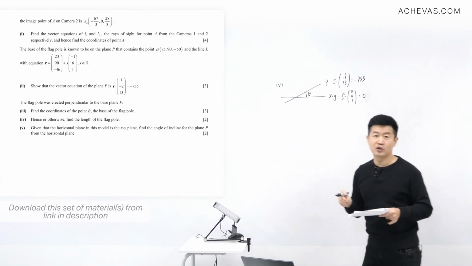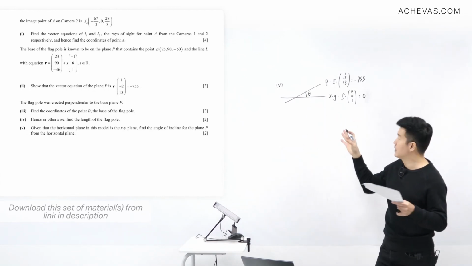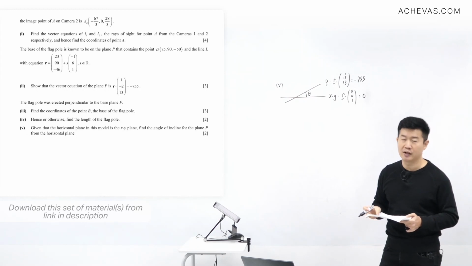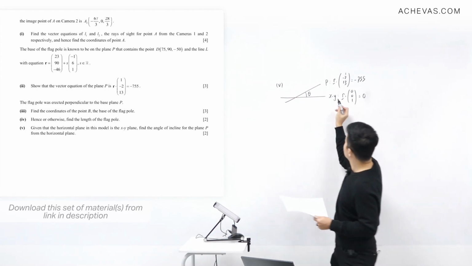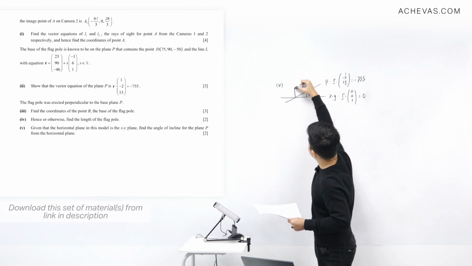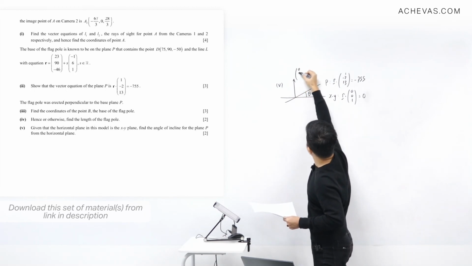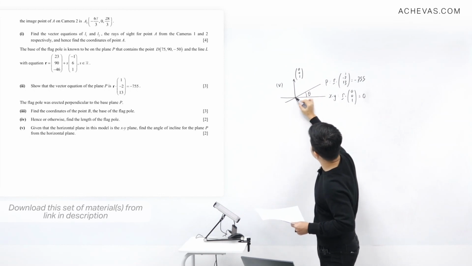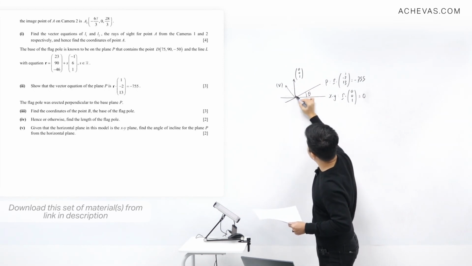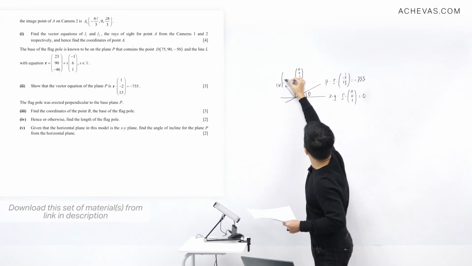And according to the strategy that we have discussed on the Achevas TV, in order for us to find this theta, we are going to work on the normal vectors instead. So for this, the normal vector is going to be perpendicular to this plane. This is (0, 0, 1). As for this, the normal vector is going to be perpendicular to this. So this is going to be (1, -2, 13).